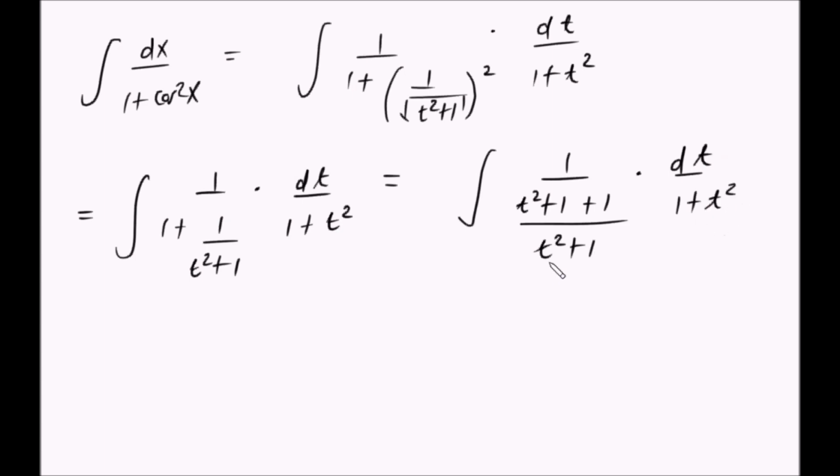So 1 plus t squared and t squared plus 1 ni hiyo hiyo. So they go. So inakuja kubaki nini? 1 times dt inakuwa ni dt over t squared plus 2. Like that. So, let's start a fresh page. So tulianzia hapa.